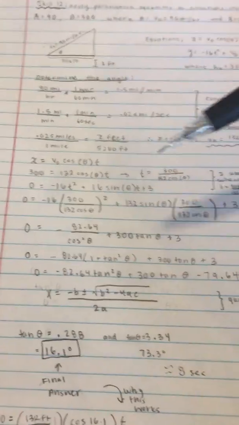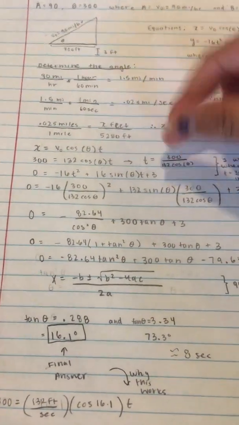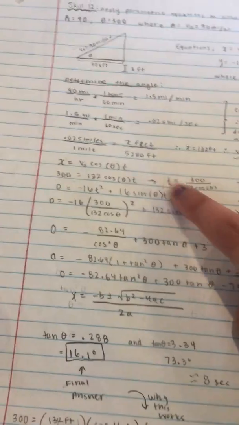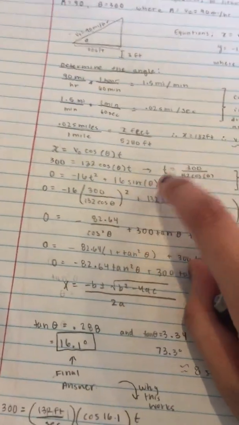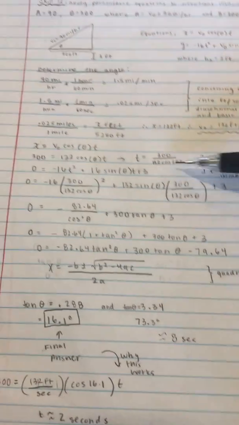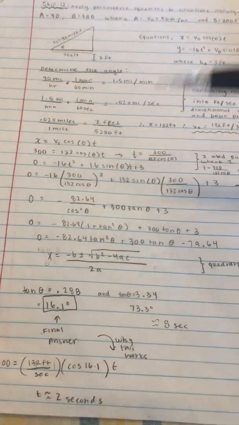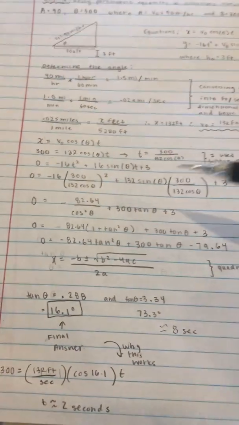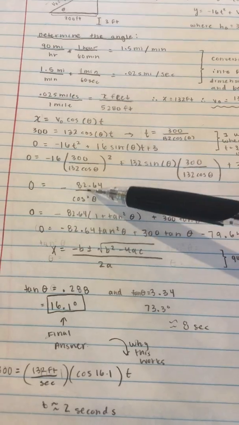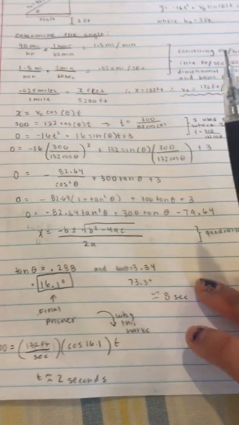Then you could make a system, and I used the method of substitution, substituting this for t into the second equation. This is what it looked like with the new expression substituted in. I simplified it further until I got negative 82.64 over cosine squared theta plus 300 tangent theta plus 3.